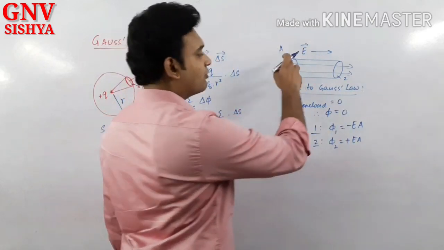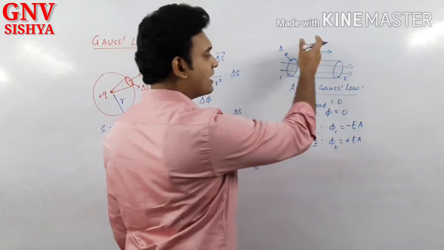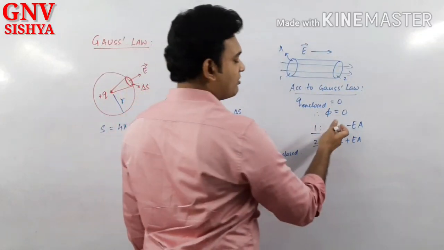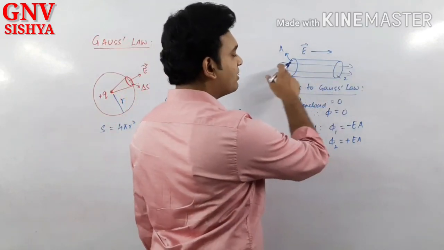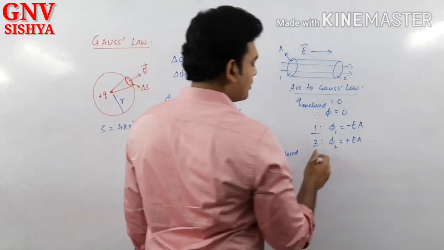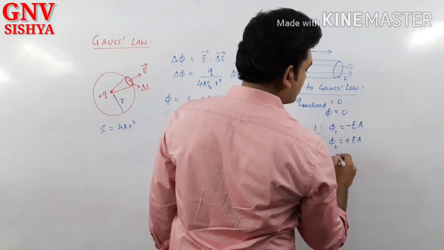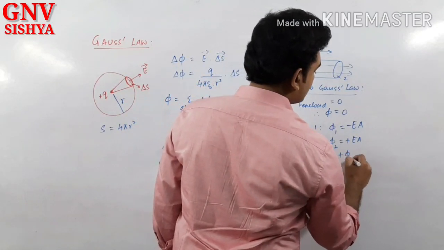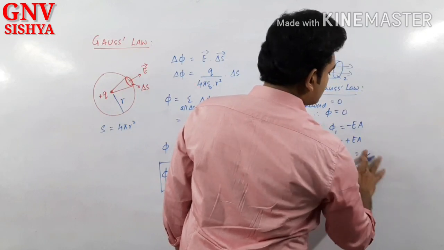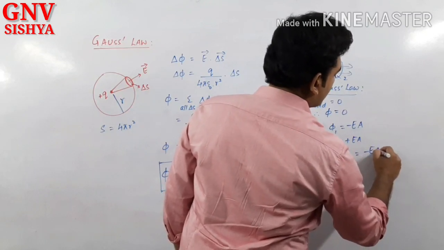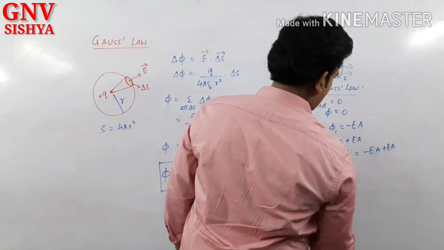Since area of cross section is the same on both sides and it's a uniform electric field, phi 1 and phi 2 will have the same magnitude, but phi 2 will be positive and phi 1 will be negative. Now can you calculate the total flux? Total flux will be phi 1 plus phi 2, which is equal to minus EA plus EA equal to 0.